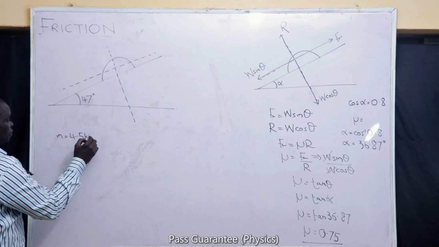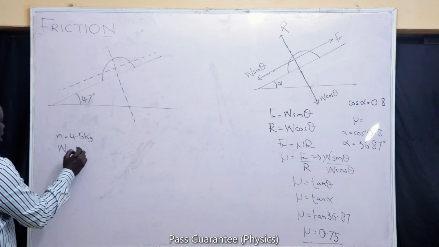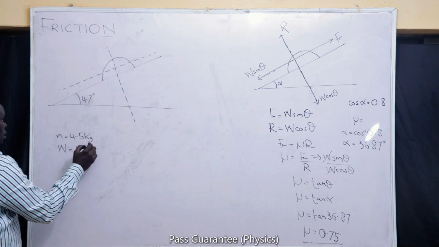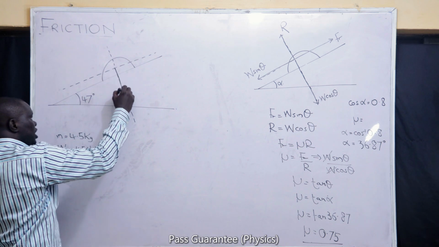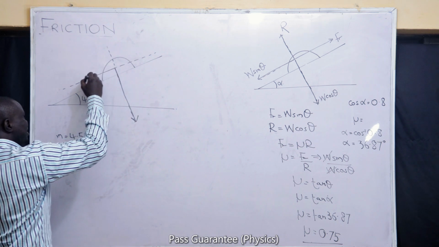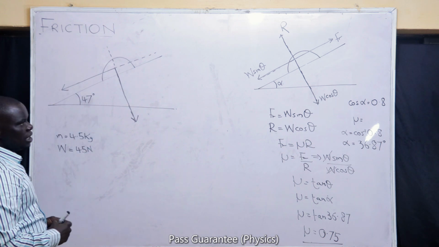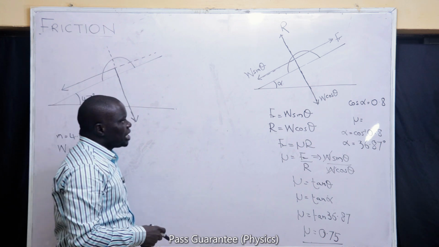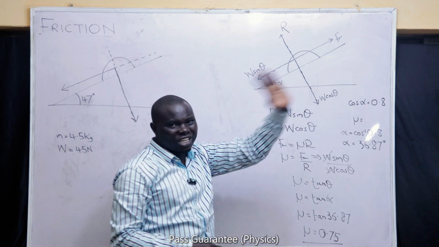Because its mass is 4.5 kilogram, the weight must be 4.5 kilogram times 10, and that will be 45 Newton. I know that what we use here is not exactly the weight. What we use here are the components of the weight. These are details that can never change on an inclined plane. While there are some other details that can change, W sin theta and W cos theta's direction are fixed.